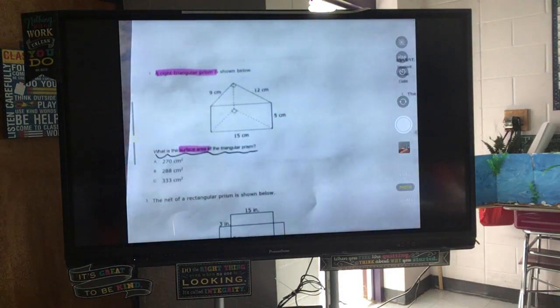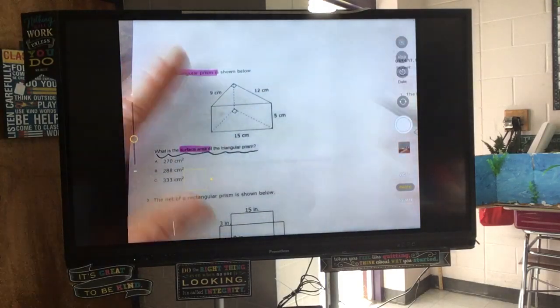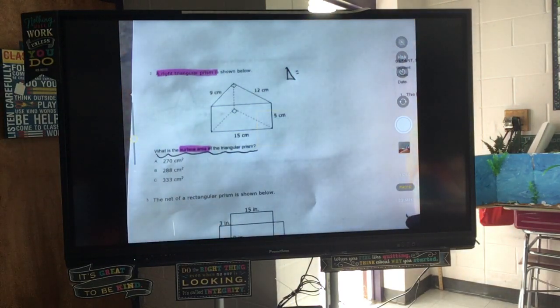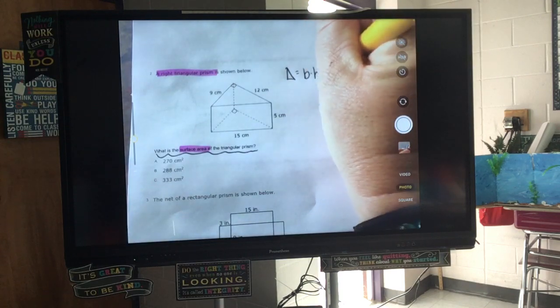All right, we know this is a triangular prism, so what do we know about both of these triangles? Addie. They're going to be the same. So if I'm finding a right triangle, the formula is still going to be the same, so it's going to be base times height divided by 2.